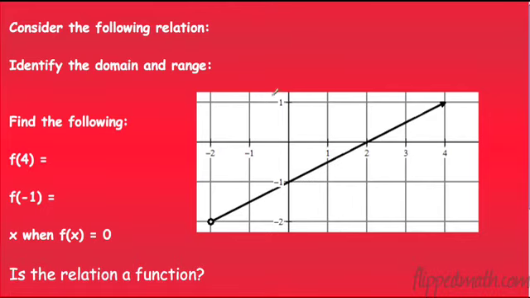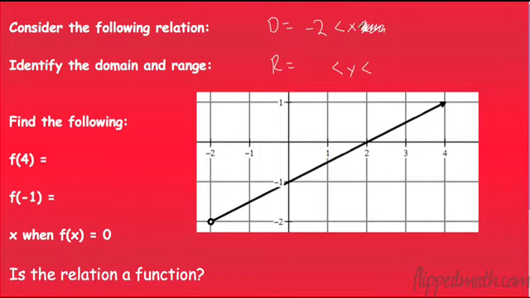Let's do this one. Find our domain and range. Always going to start the same way. I think this is the easiest way to do it. So what's my lowest x value? Looks like it's never going to go past -2. Is -2 included? It's an open dot, so it's not included. Does it ever stop going to the right? No, never stops going to the right.